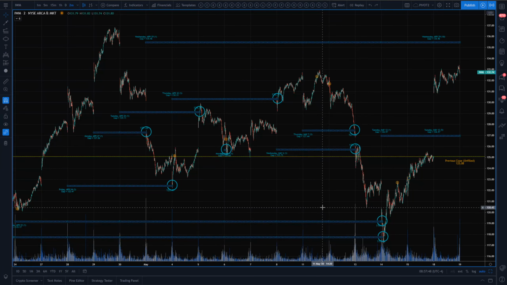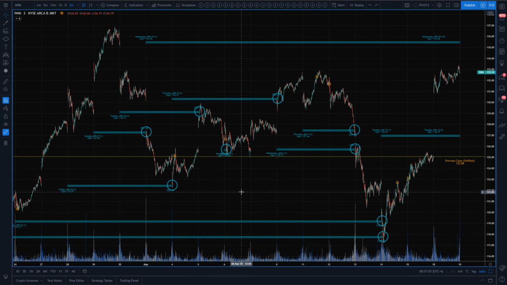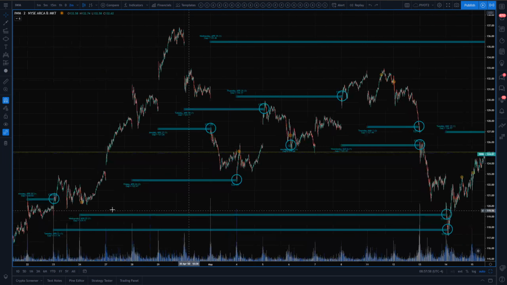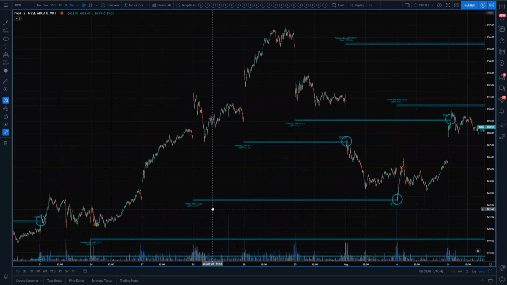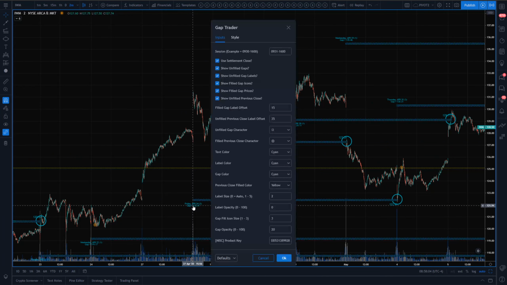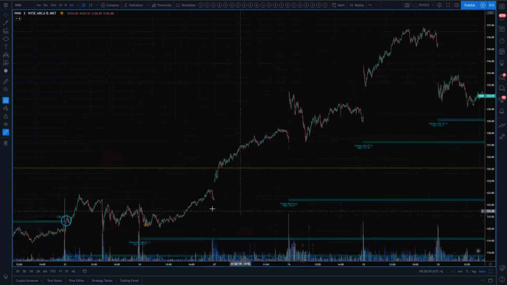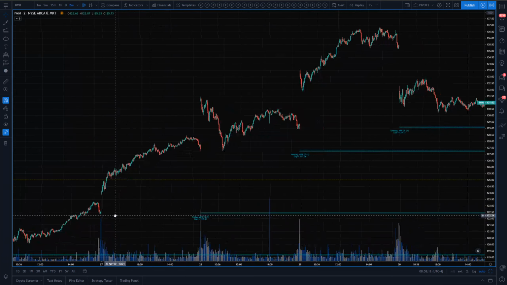So what it is plotting, it is plotting the most recent 20 gaps. And a gap is recognized as a closing price, or a settlement price, that is not filled in the next session.